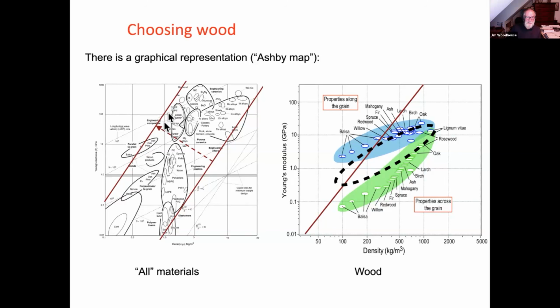The next best is the tip of this blob here for the composites, which is the high performance carbon fiber composites. Well, some people do make musical instruments out of carbon fiber sandwich structures, and they can be okay. You don't make instruments out of solid metal of any kind. All the metals are way behind this line for the position for the woods.